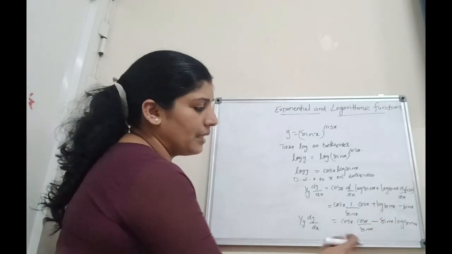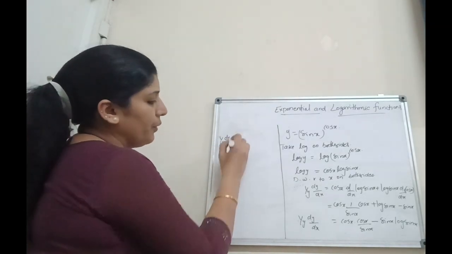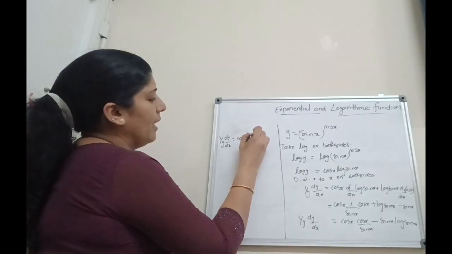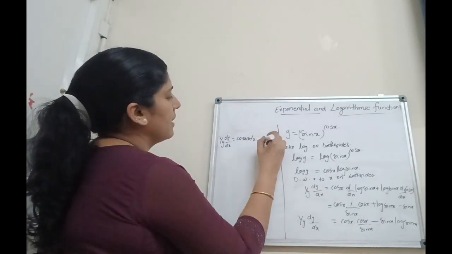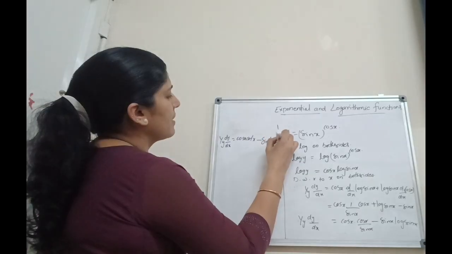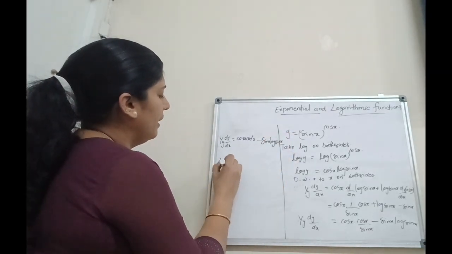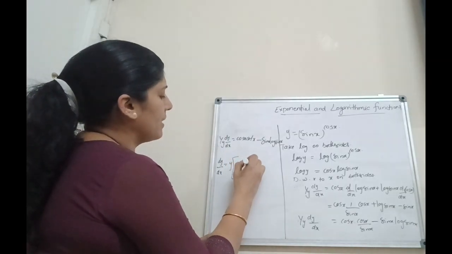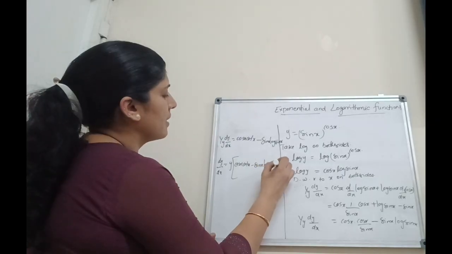Here cos x by sin x is cot x. 1 by y into dy by dx equal to, here cos x into cos x by sin x, that is cos x into cot x, then minus sin x into log sin x. Therefore, dy by dx equal to what? It is equal to y into cos x cot x minus sin x log sin x.